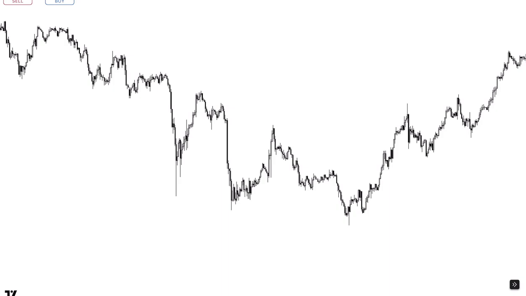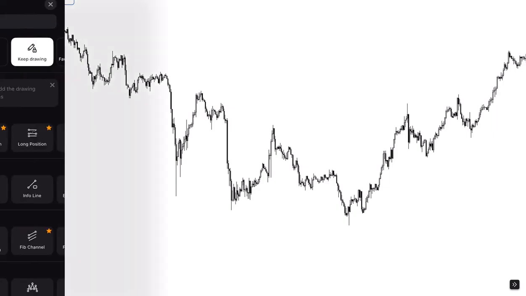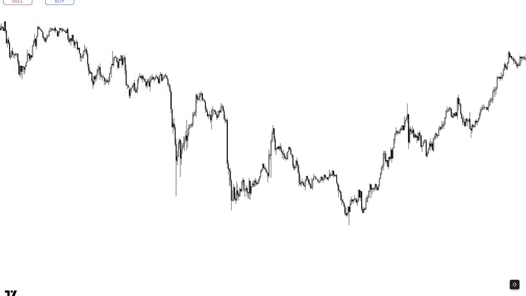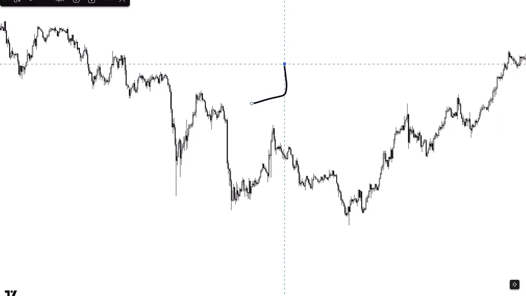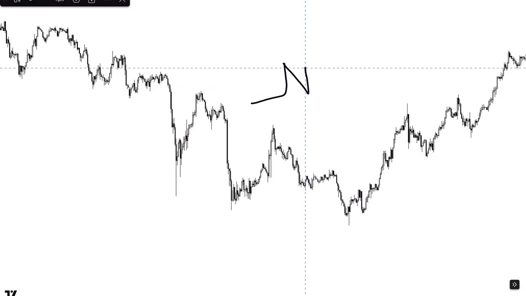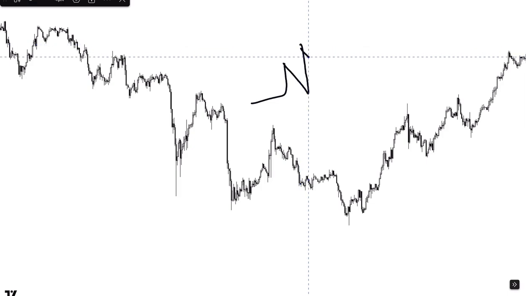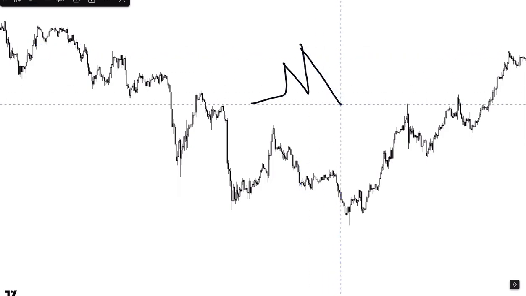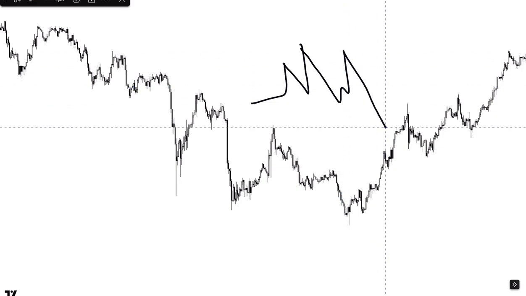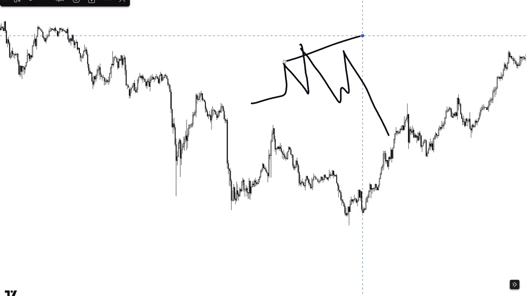Right. So first of all, we have model number one. Model number one is basically the idea that they stab into, and when I say they, I mean the market makers, they stab into an old high with a thick up-close candle, and then they close below that thick up-close candle. That is model number one, right?